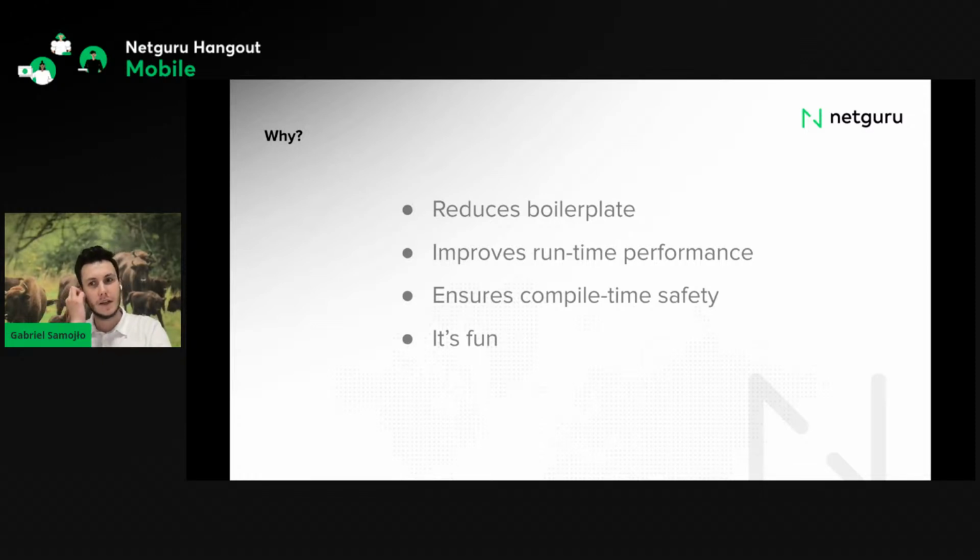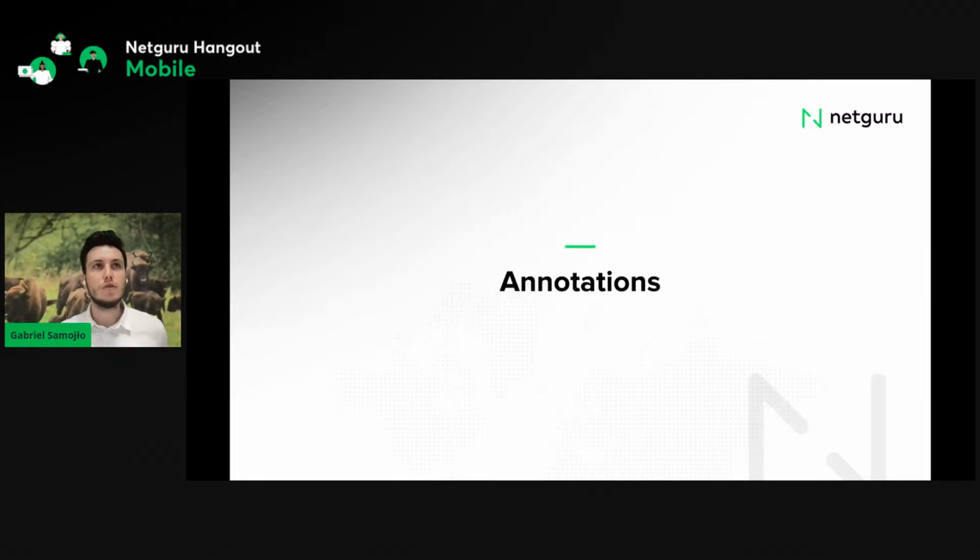But let me start from the beginning, and let me talk a bit about annotations themselves. What are annotations exactly? Why do we need them? What was the reason they were introduced?